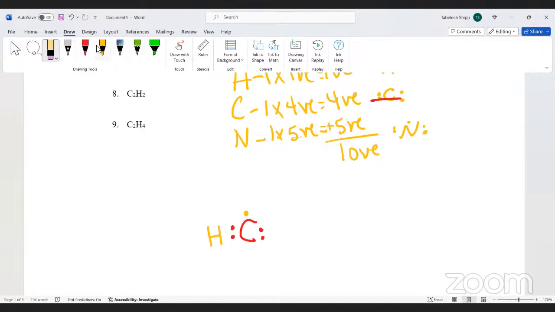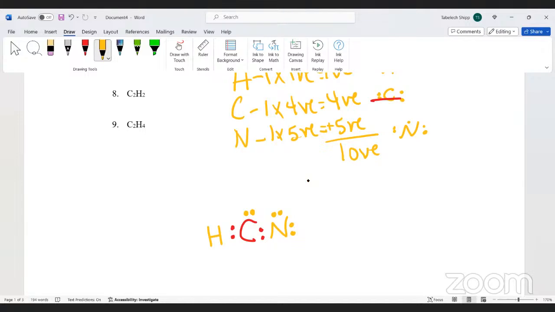Now, here comes nitrogen, plus the 5 is going to contribute. So I'm going to say 1, I gave it to carbon. That's 1, 2, 3, 4, 5. Now, here's the deal. Nitrogen needs 8. Carbon needs 8.